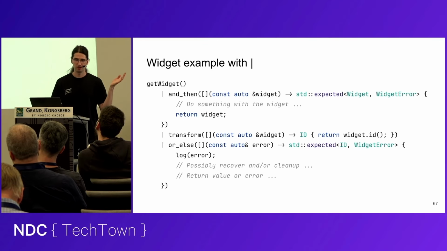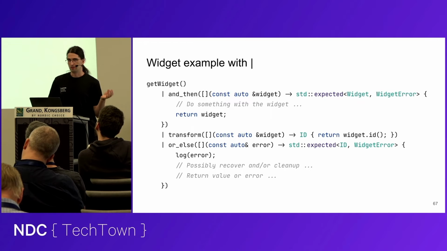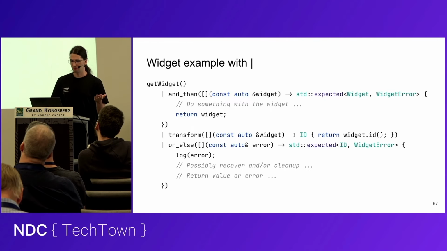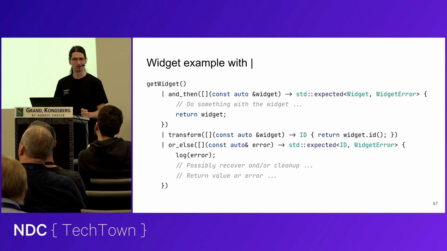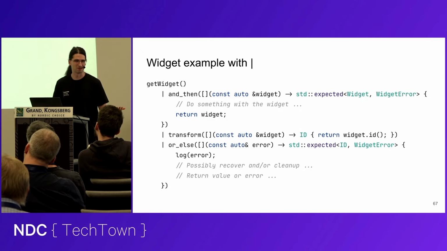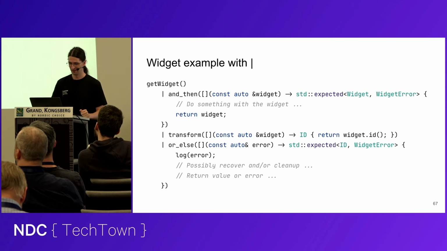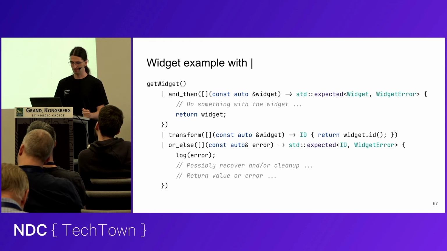If we take my first example and simply change all dots to pipes, we can get pretty much this. And what it looks like is the ranges library, right? Pretty much. So we already have this syntax introduced, and we can reuse it.